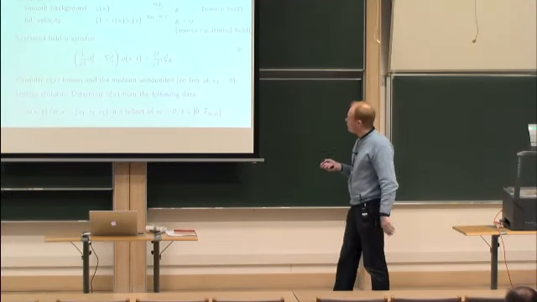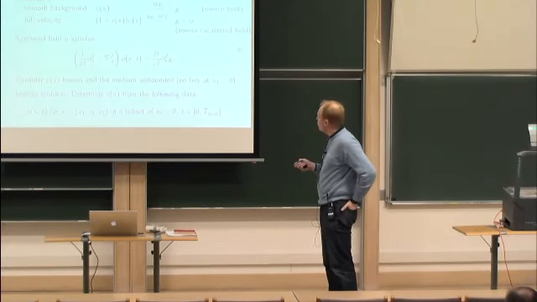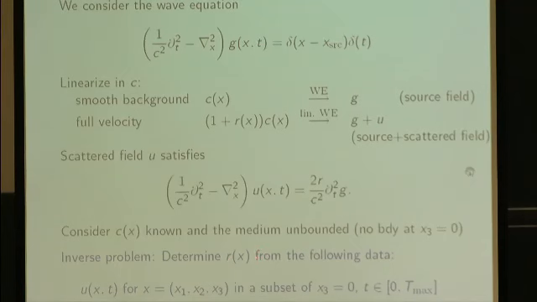Okay, so the inverse problem becomes to determine this function r of x from the data, and the data is assumed to be u. These direct waves are assumed to be in a different part of the data, or they're assumed to be suppressed.